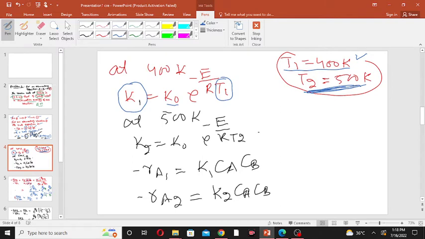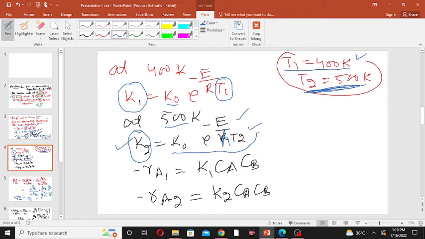Similarly at 500 Kelvin, the rate constant is denoted by K2, because the rate constant depends on the temperature and also on the activation energy. So K2 is equal to K naught into e to the power minus E divided by R T2.